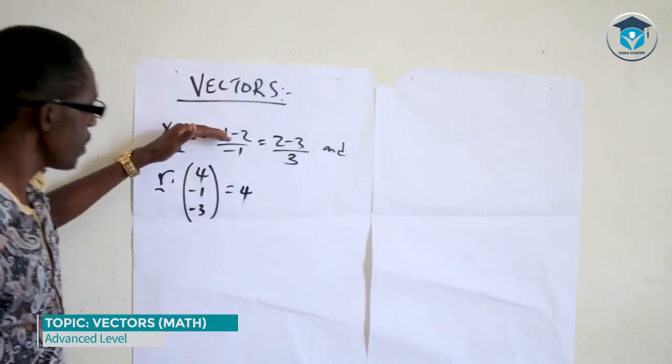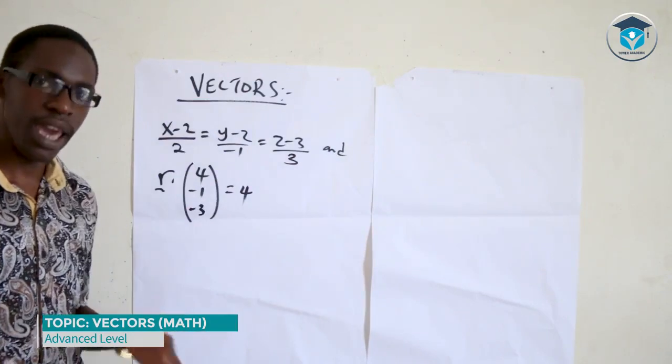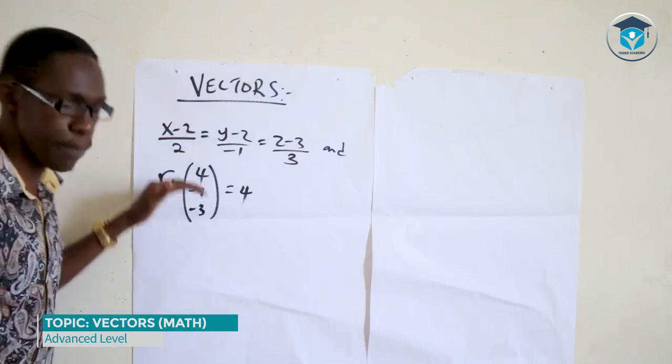That shows that this line and this plane are parallel. Hence, find the distance between the line and the plane.